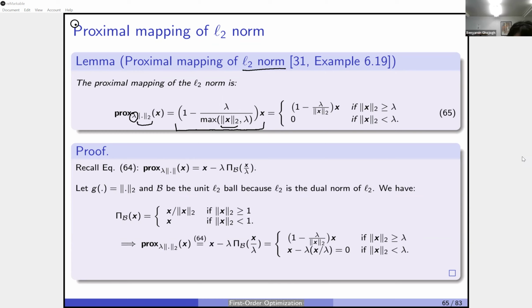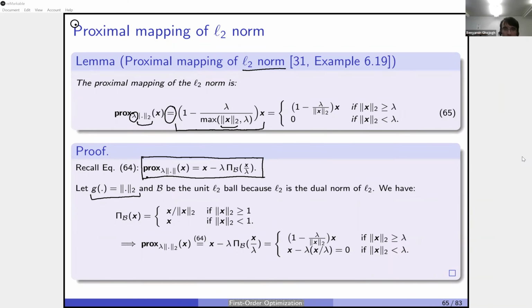Now let's prove this equality. Why is it the case? Do you remember in the previous slide we just showed that the proximal mapping of a scaled norm equals x minus lambda times projection onto the unit ball of its dual norm, evaluated at x over lambda. Now let g be the L2 norm because we are going to prove for the L2 norm here.